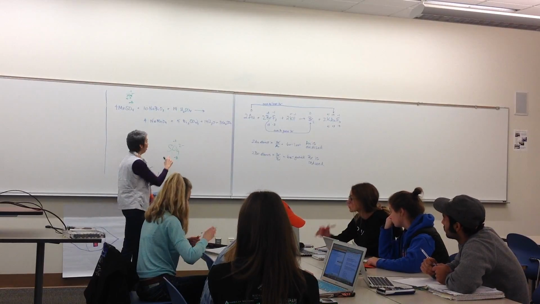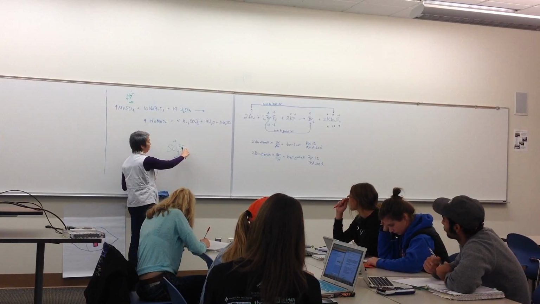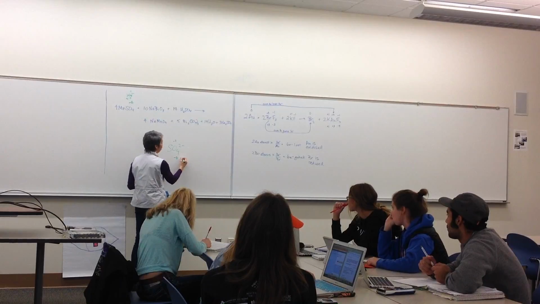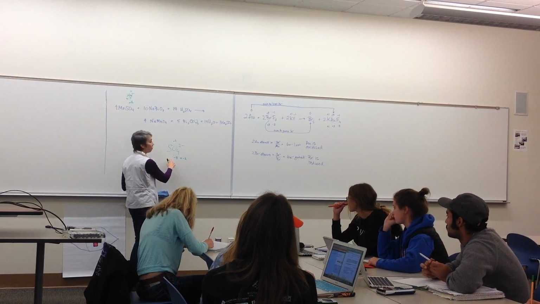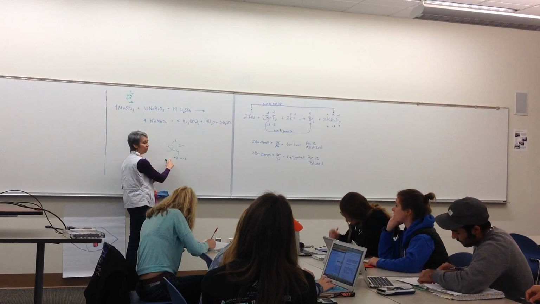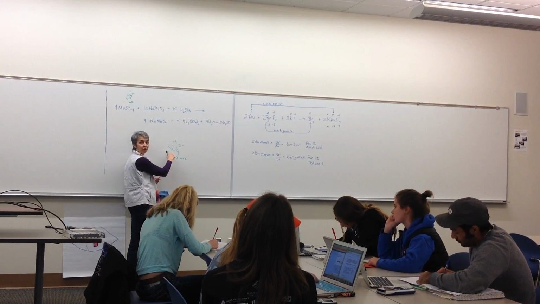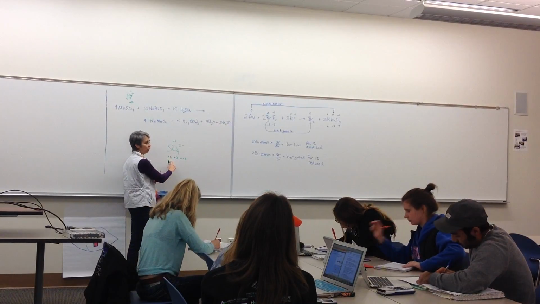We know that the charge on sulfate is -2. So whatever is down here has to add up to -2. So what must the sulfur be? +6. And since there's only one sulfur, that single sulfur atom has to carry the full +6.